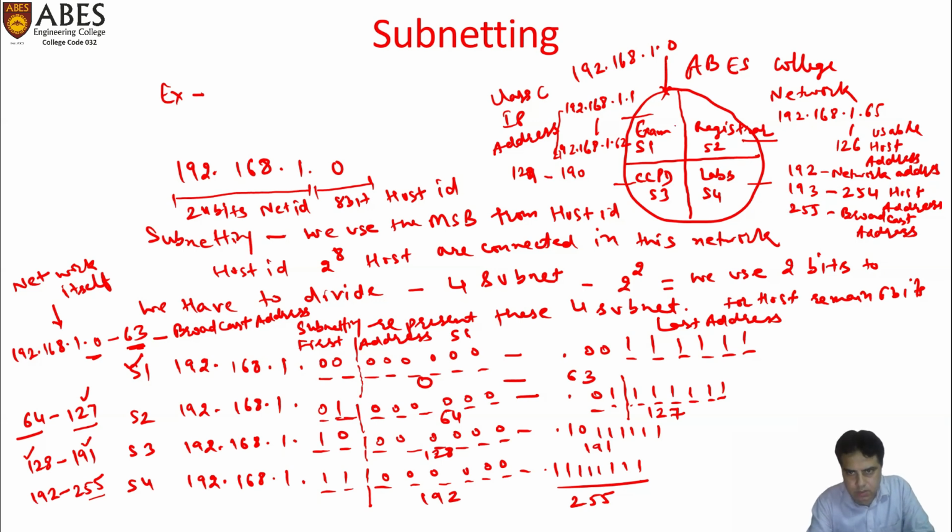Network address means this address will represent this subnet, and broadcast address is used to send the packet to all computers. That is the broadcast address. One to all.